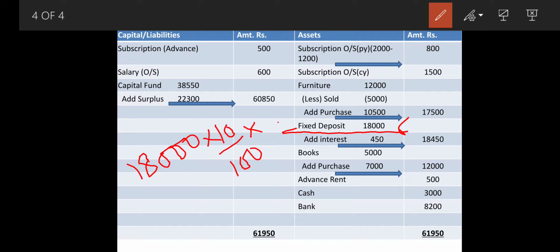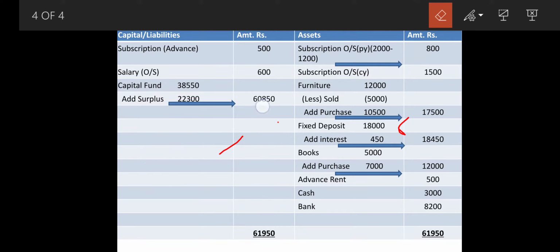June, July, August, September, October, November, December. June we don't have to calculate because 31st June is mentioned. So the whole scenario is 18,000 multiplied by 10 upon 100 multiplied by 6 upon 12. So your answer is 900. Got that? Okay, fine. 900, just keep it aside.